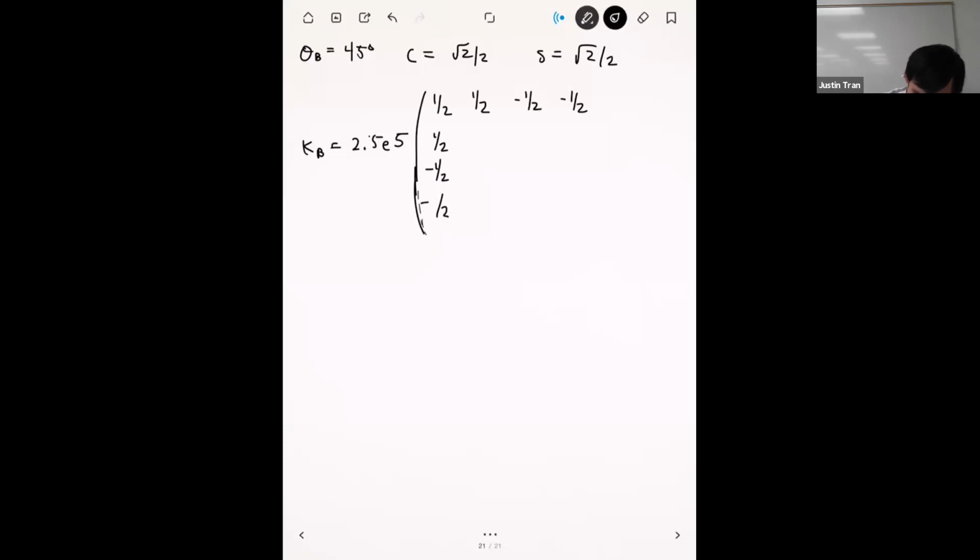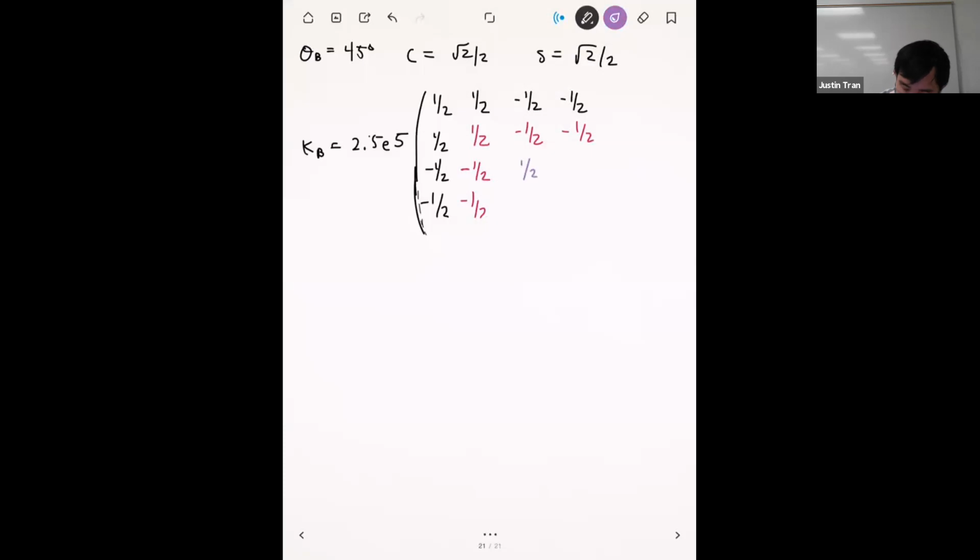If you go through the first row and first column, that's what you get. Next, I'm going to do the second row, and the second row we have 1/2, minus 1/2, minus 1/2. This is minus 1/2, minus 1/2.